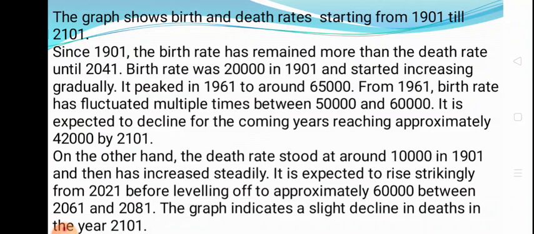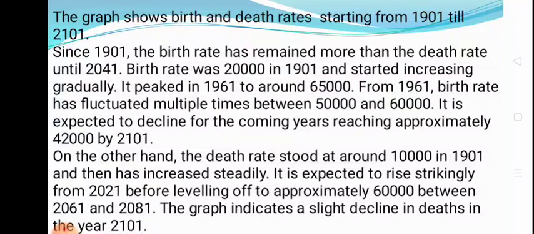Birth rate was 20,000 in 1901 and started increasing gradually. It peaked in 1961 to around 65,000. From 1961, birth rate has fluctuated multiple times between 50,000 and 60,000.